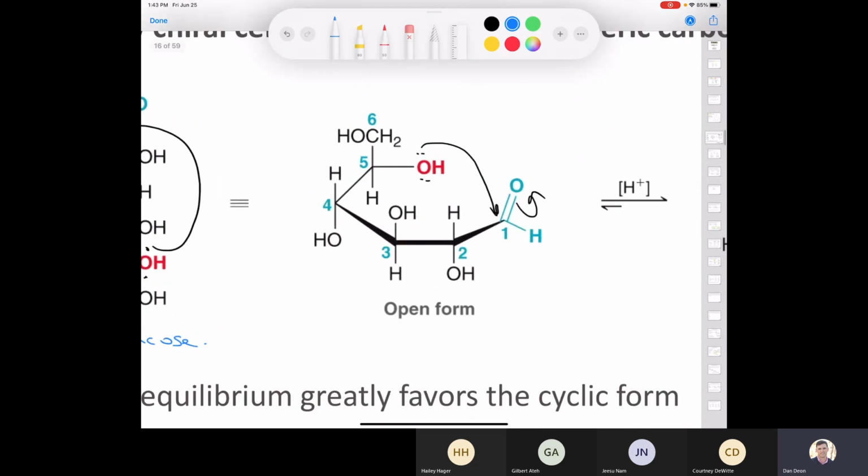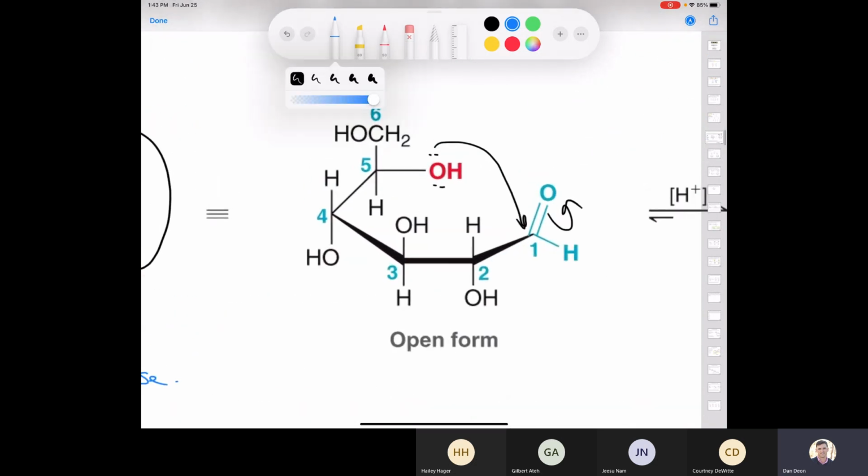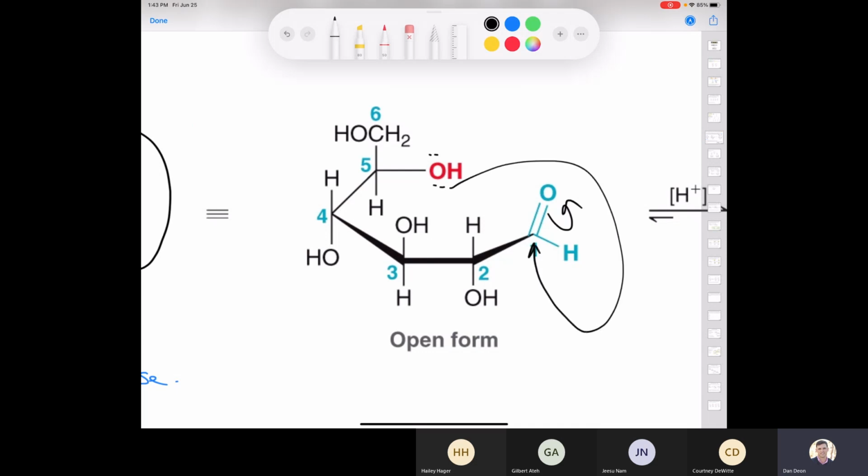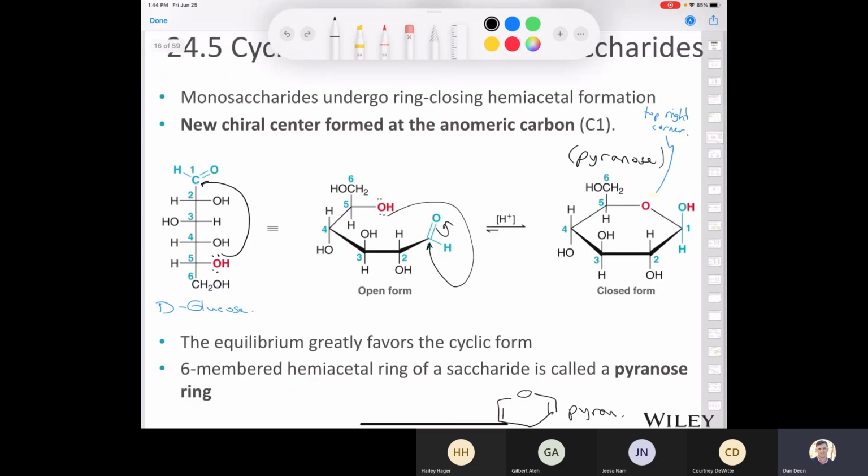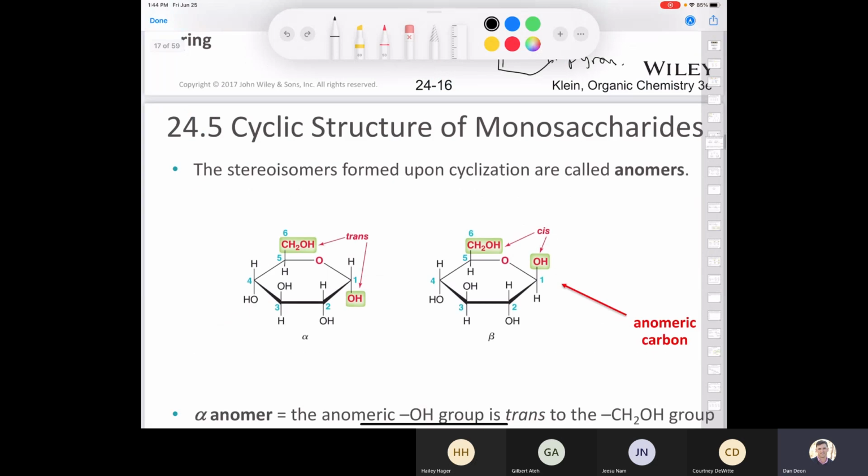The reason why is because this nucleophilic attack that I have drawn here can occur from the top face of the molecule, or it can occur from the bottom face of the molecule. So like this. And depending on which face of the molecule it attacks, the new hydroxyl that's formed can either be pointing up or down.